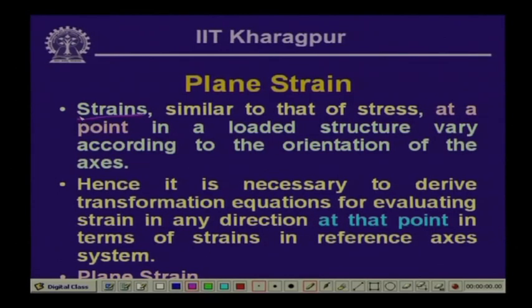The strain at a particular point in a loaded structure varies according to the orientation of the axis. Say, for example, we are interested in evaluating the strain at this particular point.